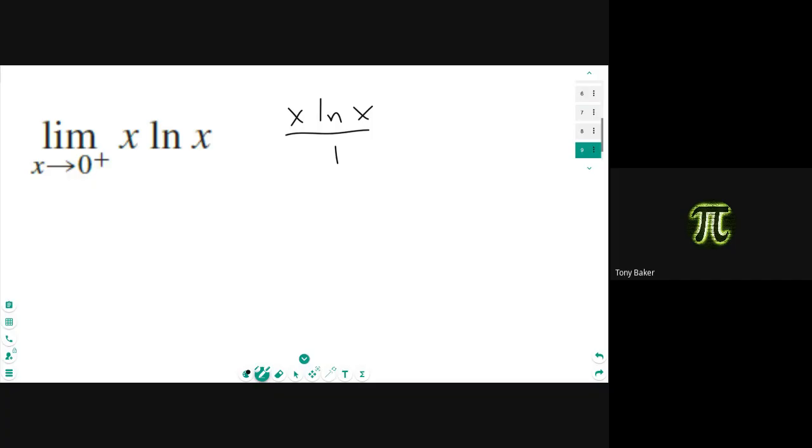So there was actually a question on your test like that. It was over x to the negative second power, and you just had to bring it back up. So if I rewrote this as ln of x over x to the negative first power, or ln of x over 1 over x, that's the same thing, right?